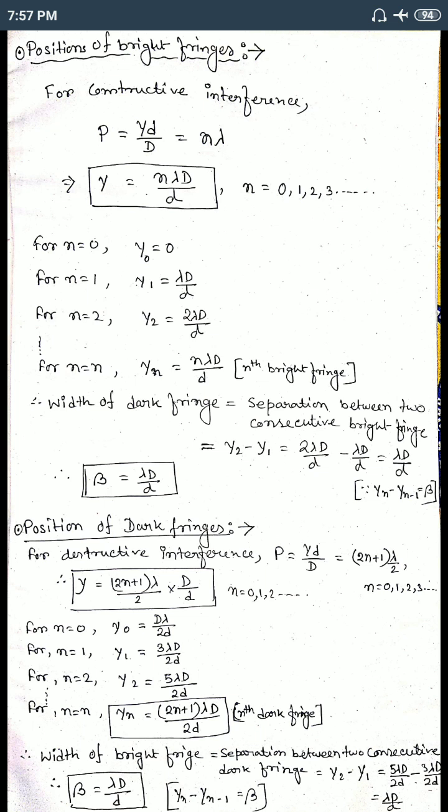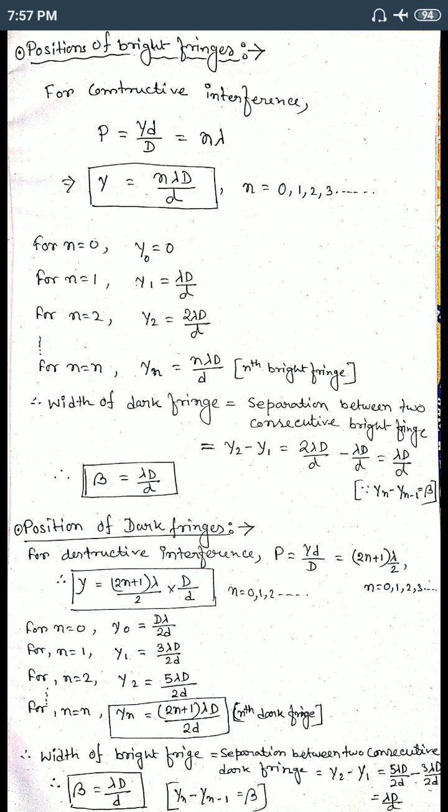With its help, fringe width beta can be measured. By measuring the distance small d between two coherent sources and their distance capital D from the eyepiece, that means the screen from where we see the first order, second order fringes. In an experiment there will be no screen; through the eyepiece we see the first order, second order, third order.